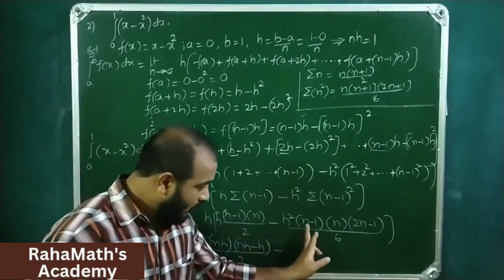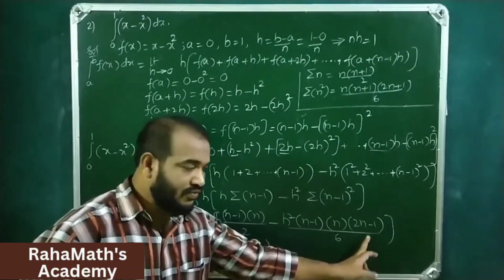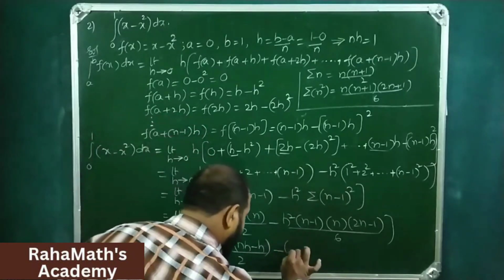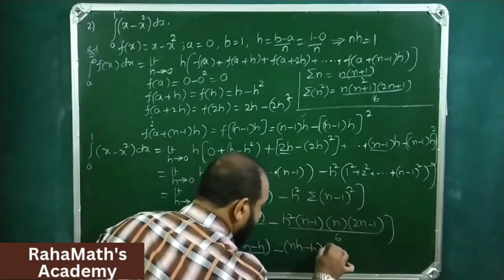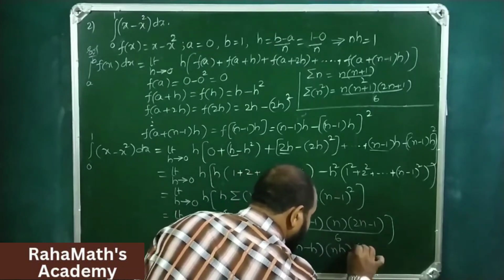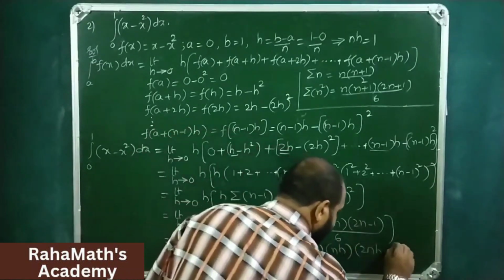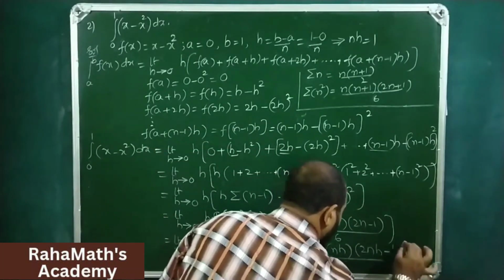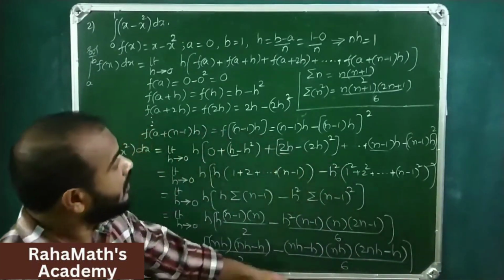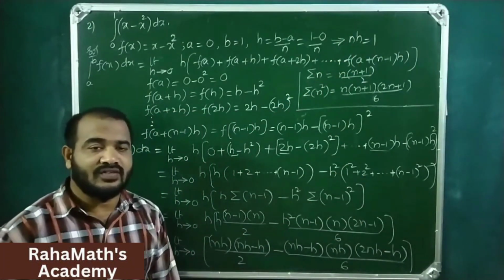Let us do one thing. One h I will give it to this, one another h and another h I will give it to this. So as a result of that, nh minus h, nh, 2nh minus h by 6. Now we have to substitute nh is equals to 1 in this to obtain the answer.